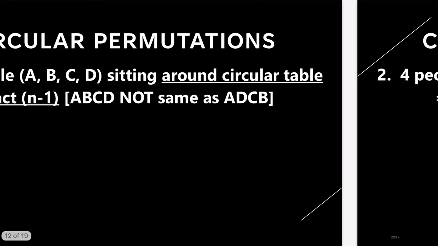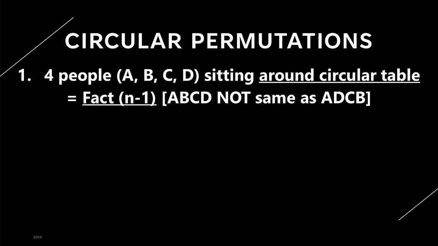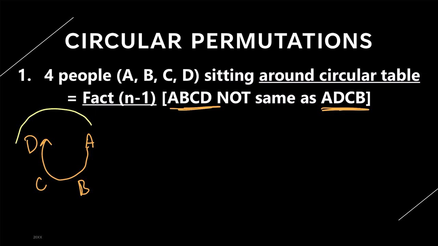Now let's see. If four people are sitting around the table, ABCD is not the same as ADCB. Why? Because their seats have been marked. Since their seats have been marked, these two cases are not the same, right?